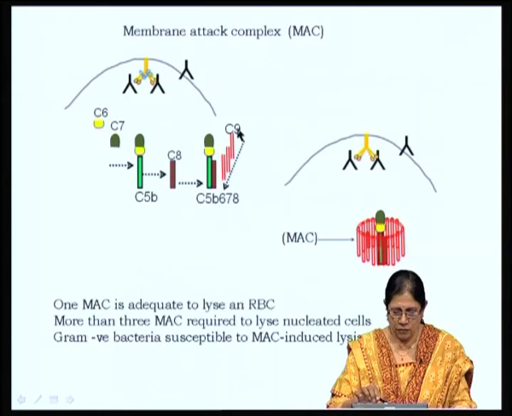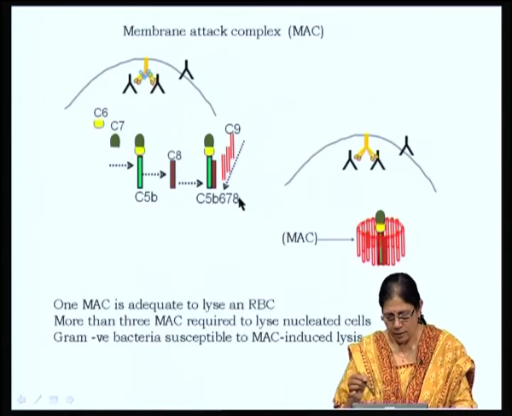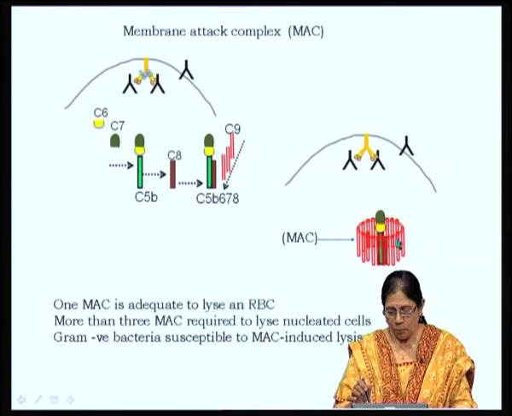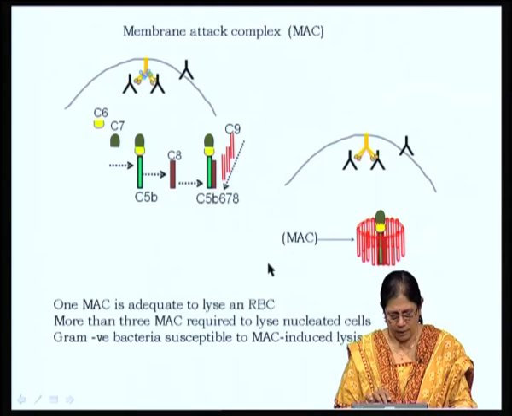The polymerization of C9 and the hydrophobic activity of the C5b, 6, 7, 8 brings about a pore forming complex, which is called, like I said, membrane attack complex, or MAC in short.